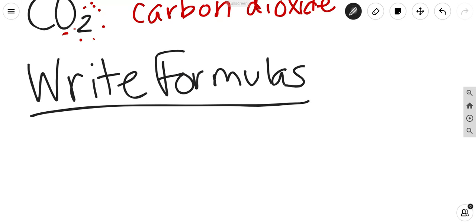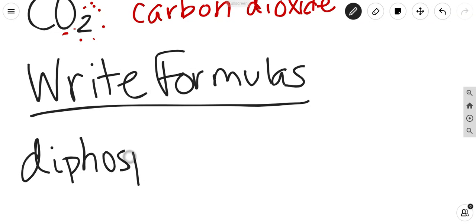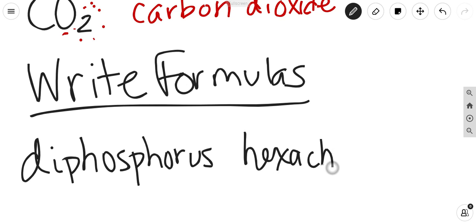All right, so here we go. Let's write the formula for diphosphorus hexachloride. Okay. So like I said, for diphosphorus hexachloride, you're not going to look on a charge sheet.